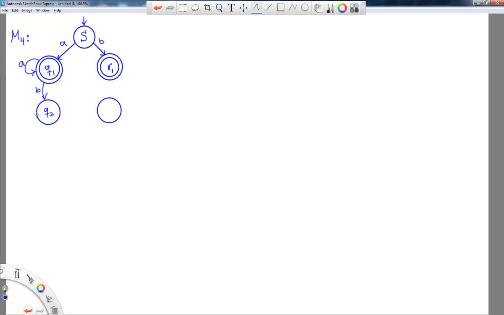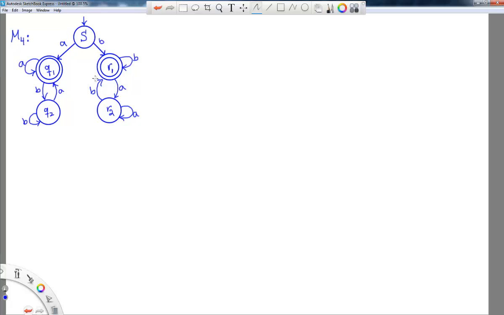In Q sub 2, if you see a B, you stay in Q sub 2. And when you see an A, you go back to Q sub 1. In R sub 1, if you see a B, you stay in R sub 1. If you see an A, you go to R sub 2. In R sub 2, if you see an A, you stay there. And if you see a B, you move back to R sub 1.